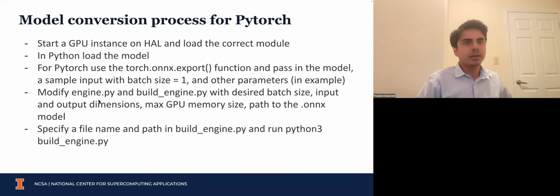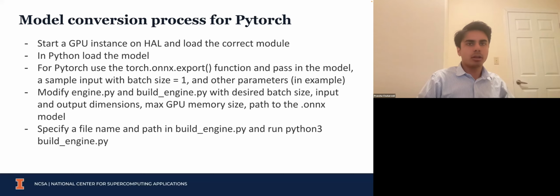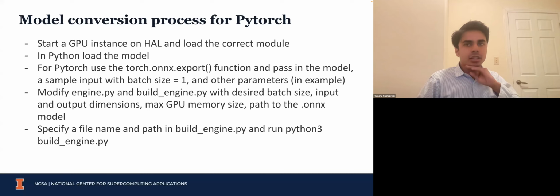If you're looking at the GitHub repository, you can see that there are two files called engine.py and buildengine.py, where you have to specify the specifics of your model architecture in order to generate an engine with the correct parameters. These specifications would be the input and output dimensions of your neural network, the desired batch size, and the maximum GPU memory usage, which is usually just going to be under the amount of VRAM that you have access to on your GPU.